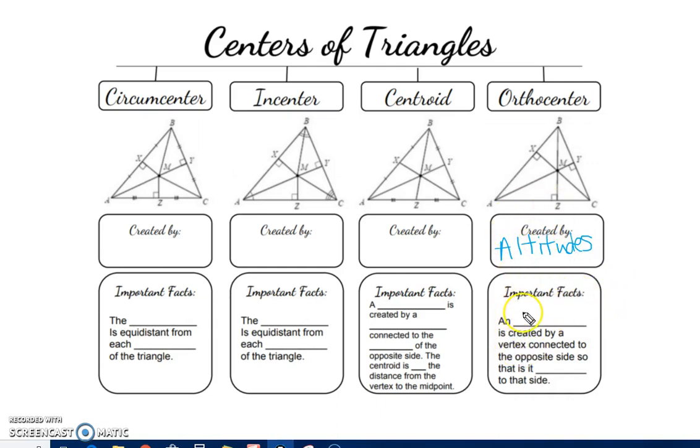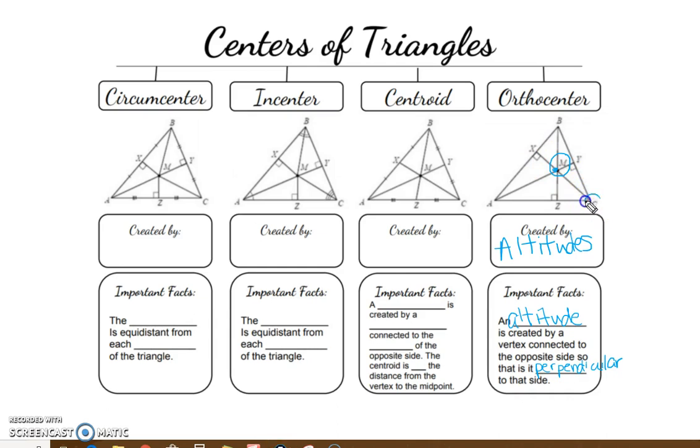An altitude is created by a vertex connected to the opposite side so that it is perpendicular to that side. So what we have here is, again, M. I'm going to highlight M. M is our orthocenter, and it is created by these altitudes.